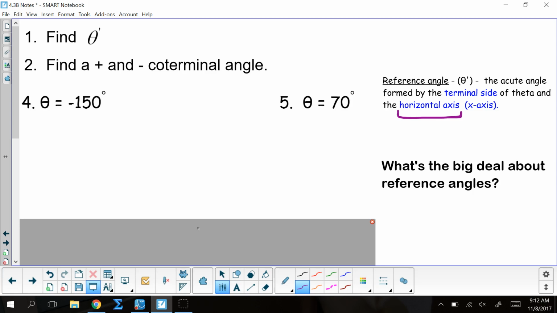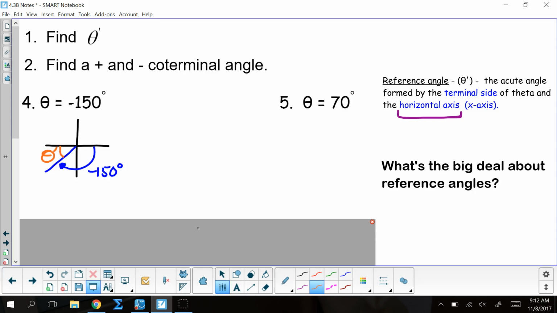Okay? So how I would go about this is I would first draw myself a little picture. Negative 150 degrees is going to be somewhere down here. That right there is my negative 150 degrees. Which leaves me with my reference angle, theta prime, being up in here.